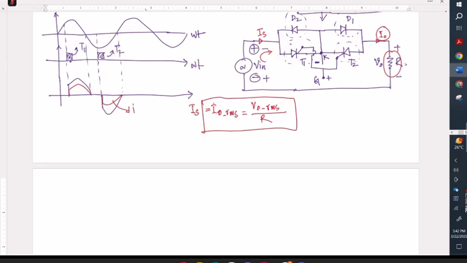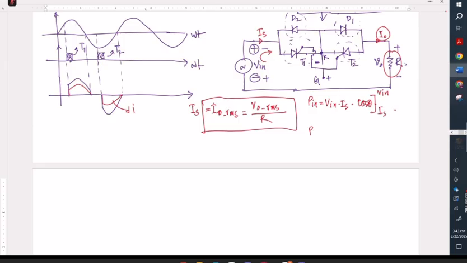No, sir. Okay. So now, if I want to see the power factor, what should be your input power? Your P in should be V in phasor RMS value, then IS RMS value, and then cos theta, where cos theta is the angle between what? V in and IS, right?